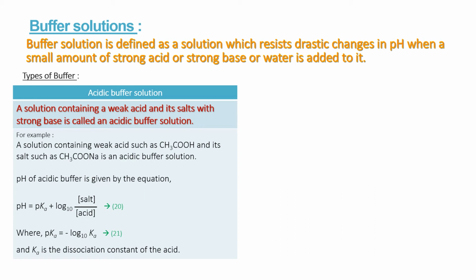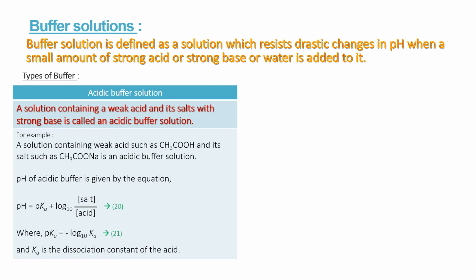So the pH of our acidic buffer is pH is equal to pKa plus log to the base 10 of salt upon acid, where pKa is equal to negative log to the base 10 Ka.